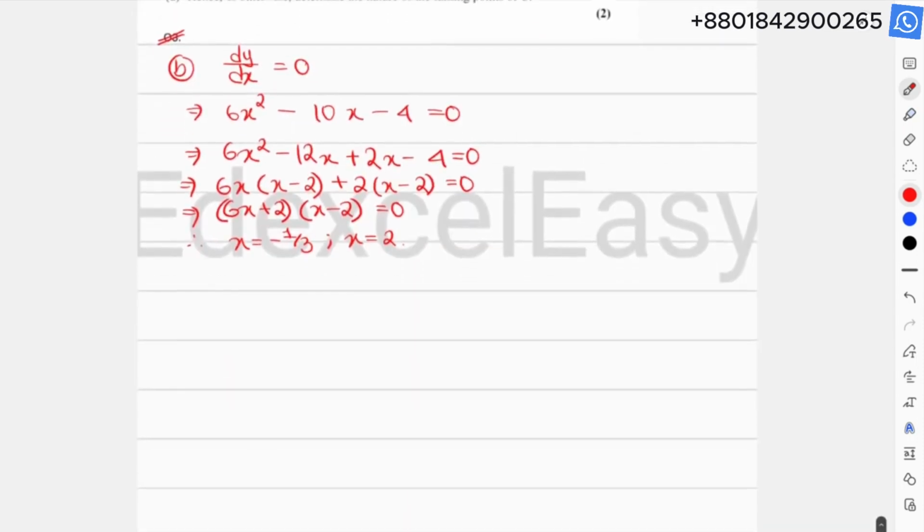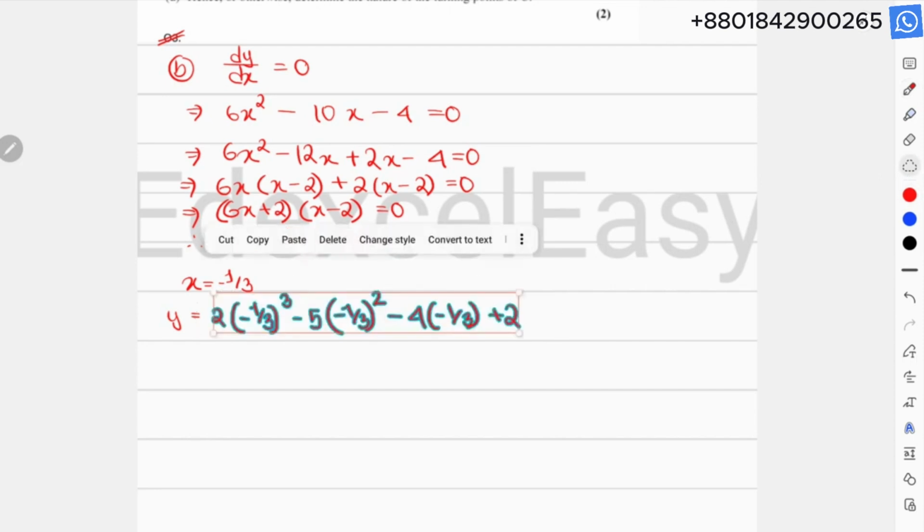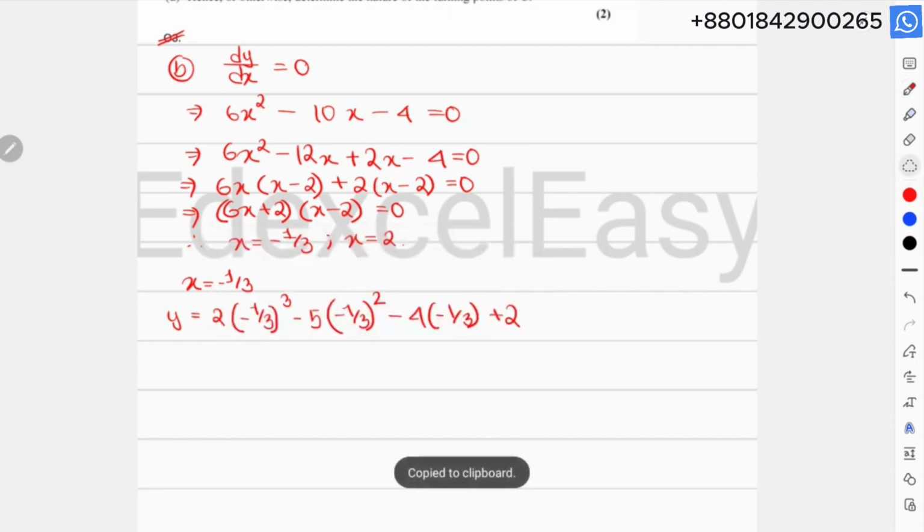So when x equals minus 1 by 3, y is going to be 2 times minus 1 by 3 cubed minus 5 times minus 1 by 3 squared minus 4 times minus 1 by 3 plus 2, and this entire expression will again be calculated with a positive 2, right?